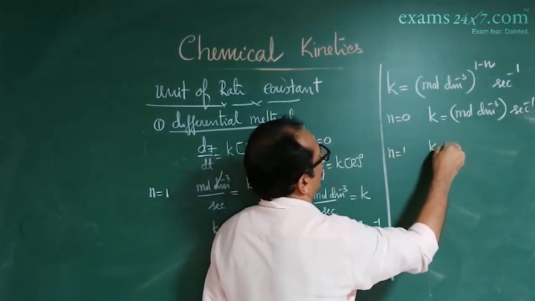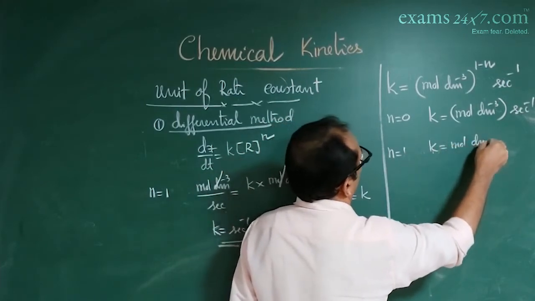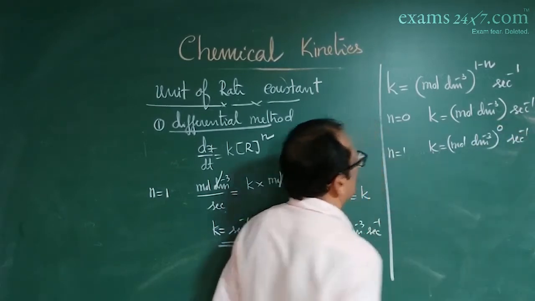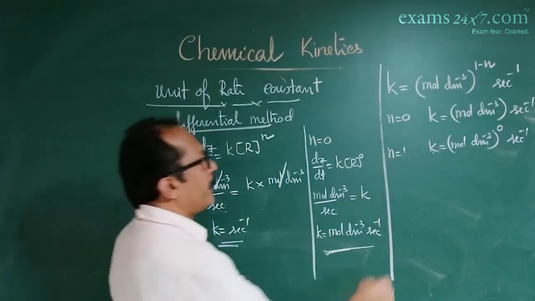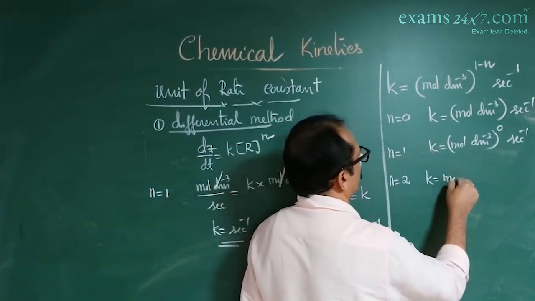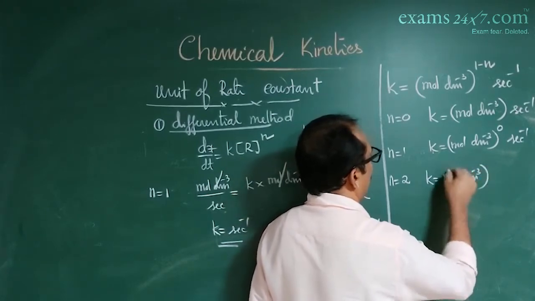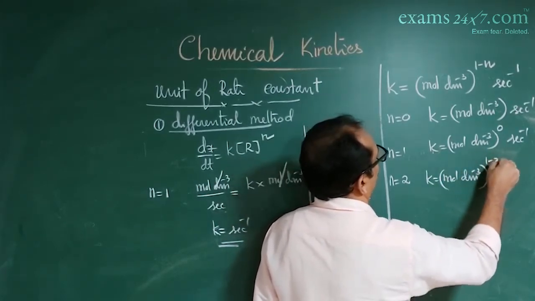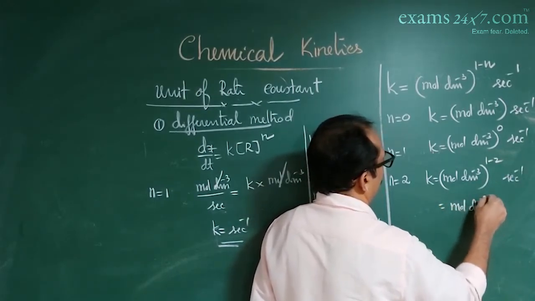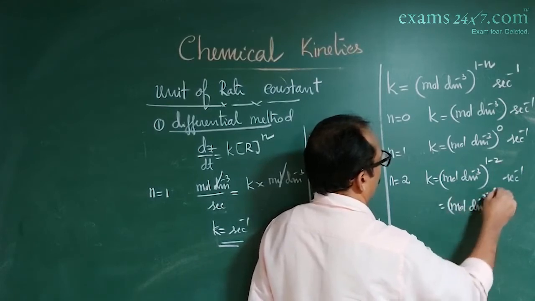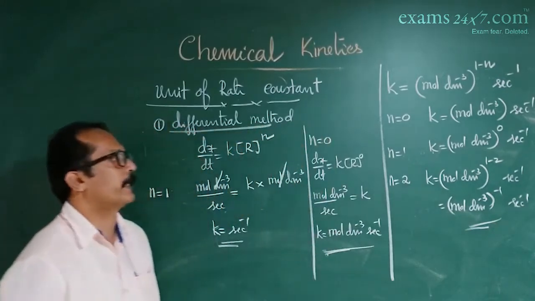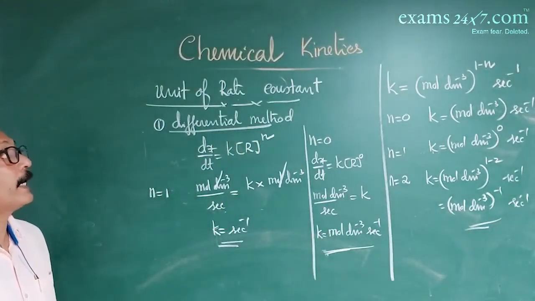For a first order reaction, n equals 1, so K is per second. For a second order reaction, n equals 2, so K is mole per dm cube to the power minus 1 per second, that means per mole per dm cube per second. This is about the unit of rate constant.